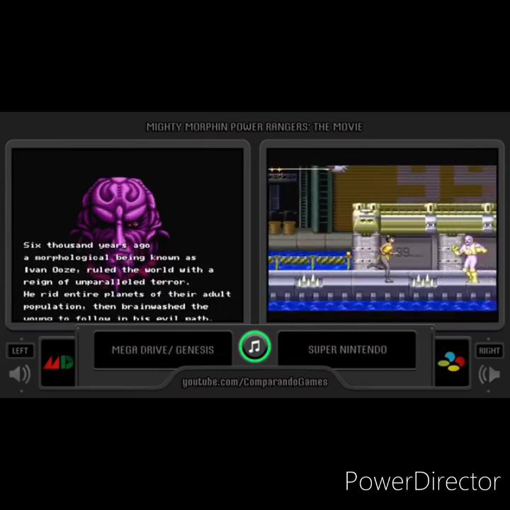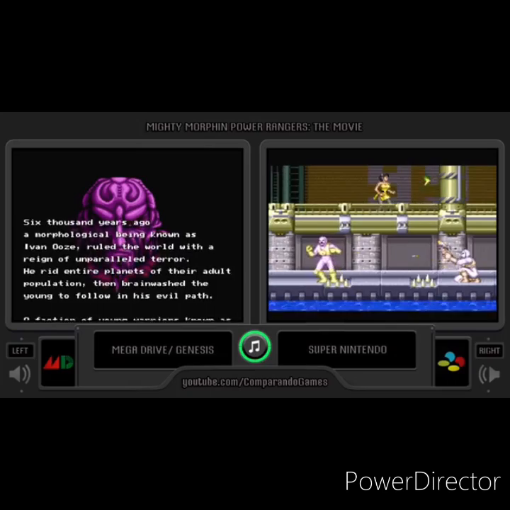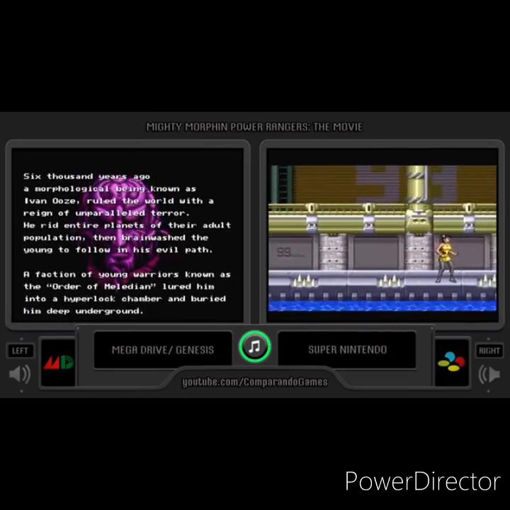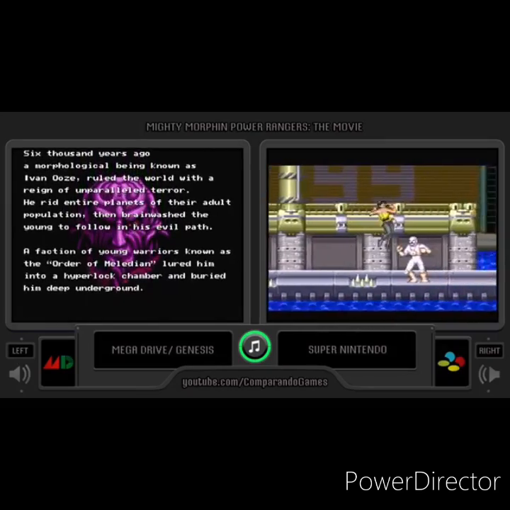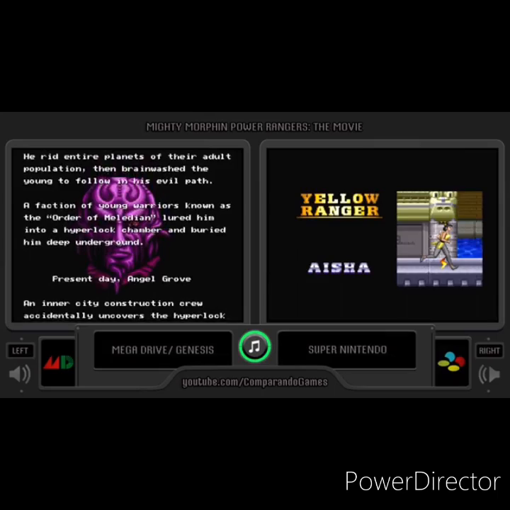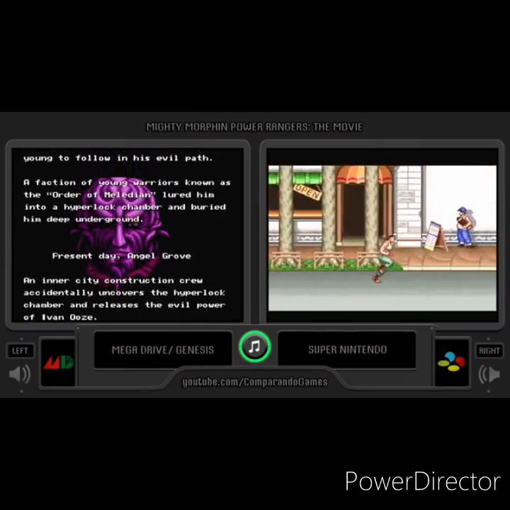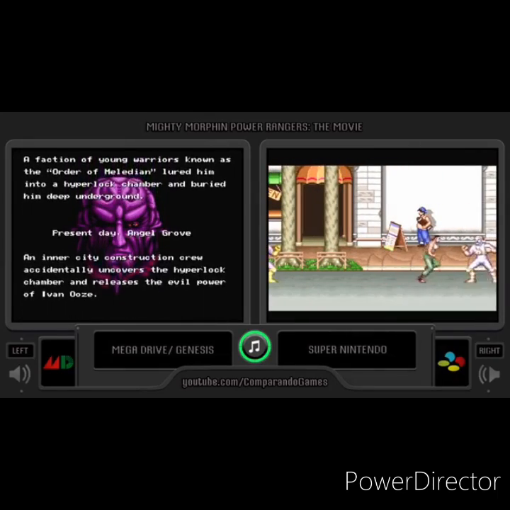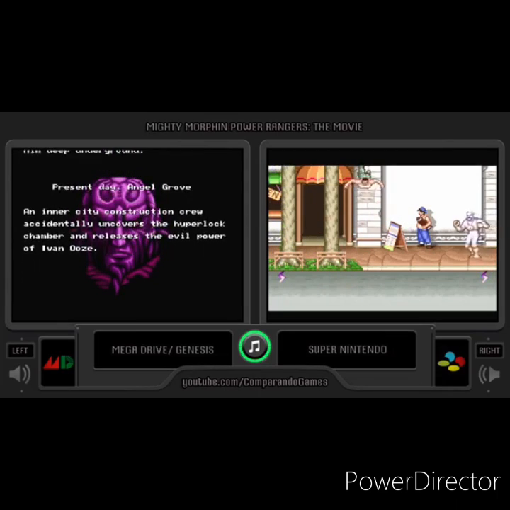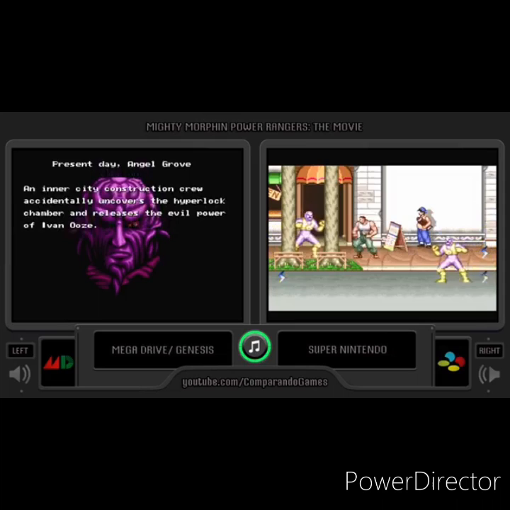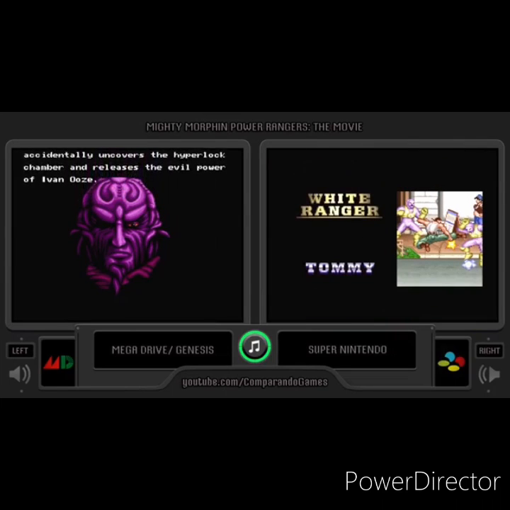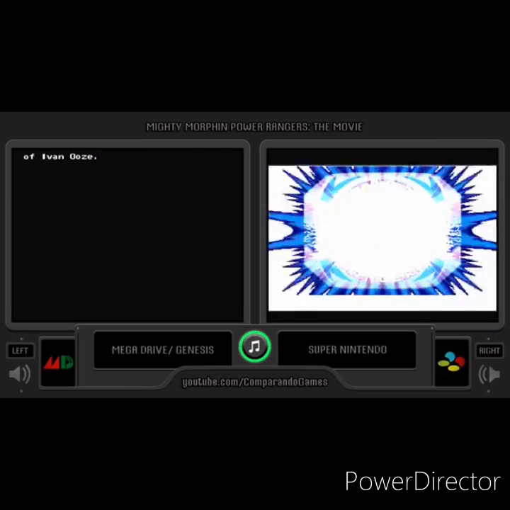Right now, I'm surprised because, as we can see on the Super Nintendo area, which is the right side, they are still introducing the characters, while on the left side, which is the Sega Genesis, is already introducing the story to the game.